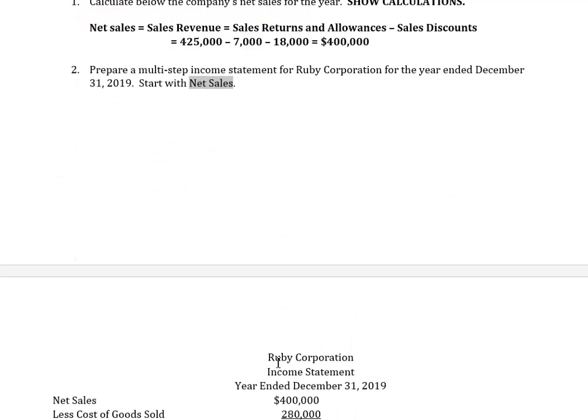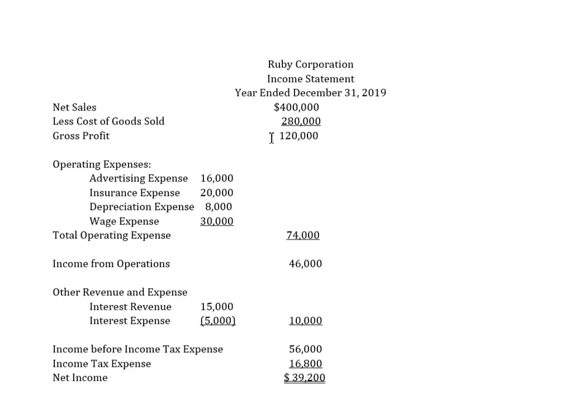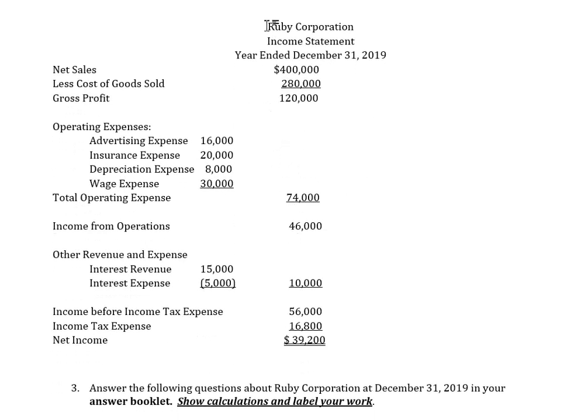Now, notice you are going to need to remember on the exam to make sure you know how to do your three-line title, which is the who, the what, and the when. It's for a period, year ended December 31st. It's for Ruby Corporation, and you're doing an income statement. Don't forget, in the multi-step environment, you start with your net sales and deduct your cost of goods sold to calculate gross profit.